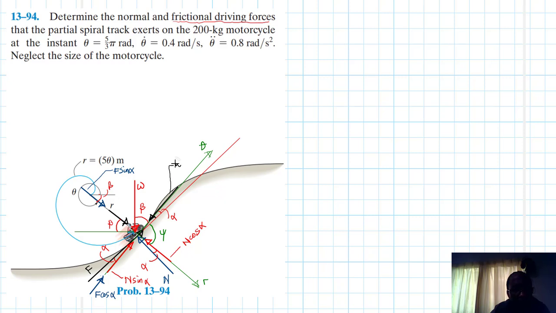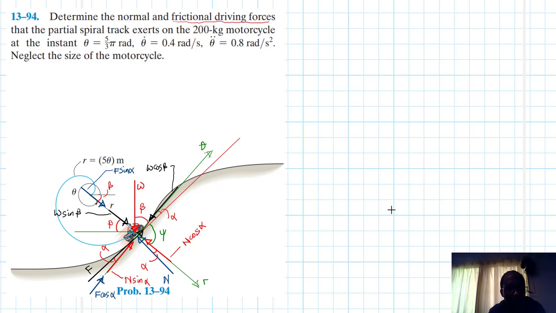This is w cos beta. Alright, this is w cos beta, and this is w sine beta.